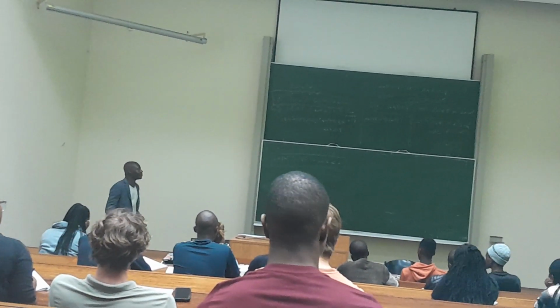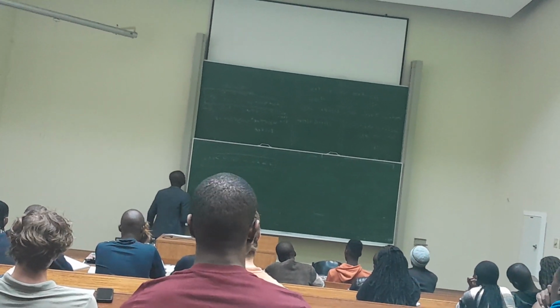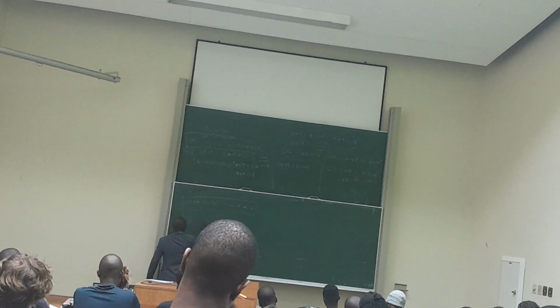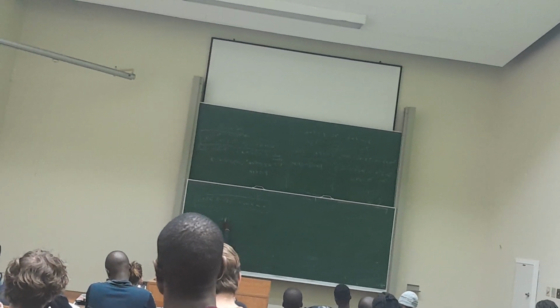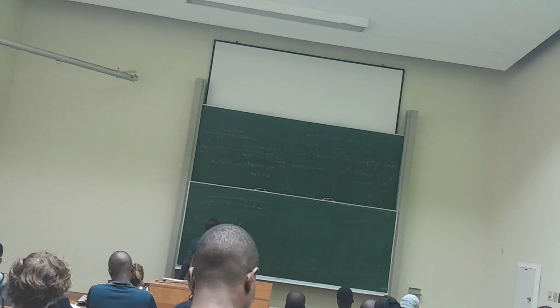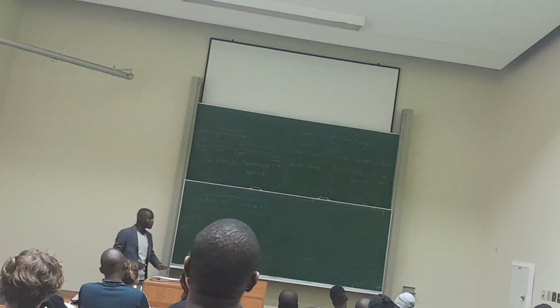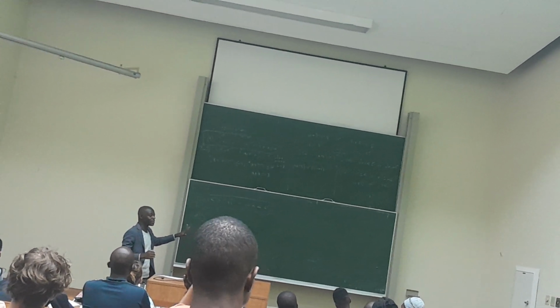And let me give an example. I want to solve the absolute value of x plus 5 less than 3. I want to know what are the real numbers such that this inequality is satisfied.